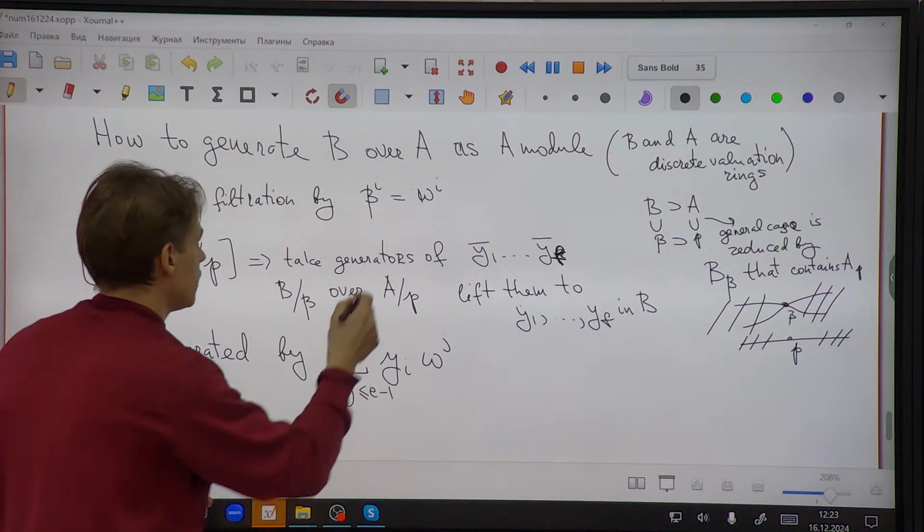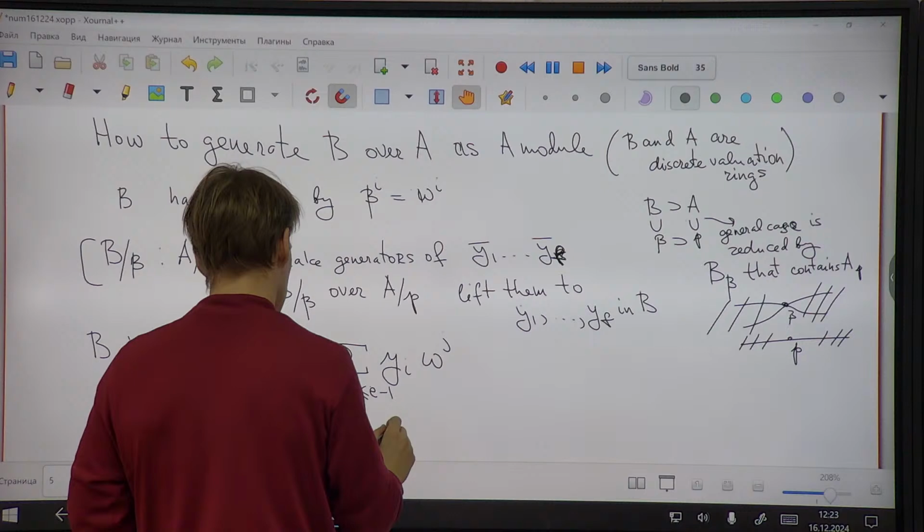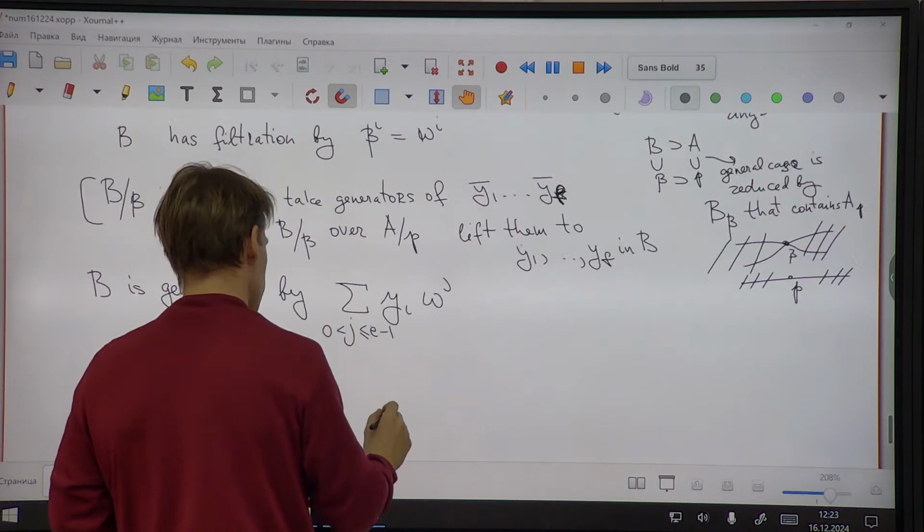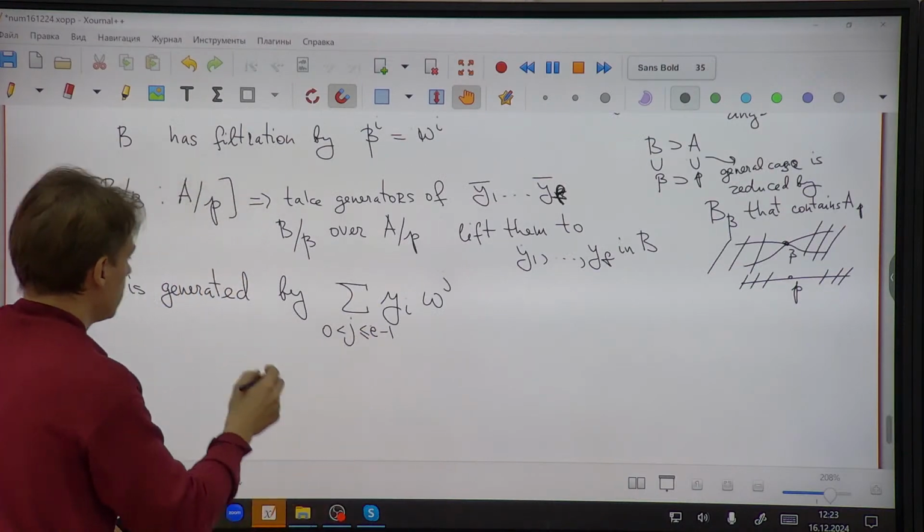This follows from a variant of the Nakayama lemma.